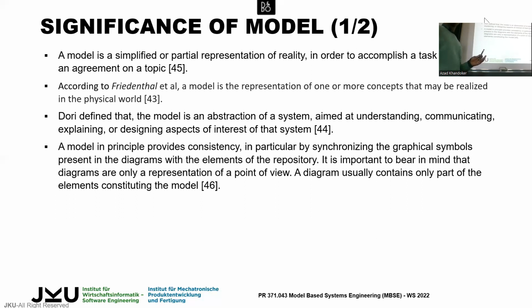So some of you said that a model is supposed to be the presentation of the physical product. So this is somehow the same definition. Then Mr. Dory says a model is the abstraction of a system.